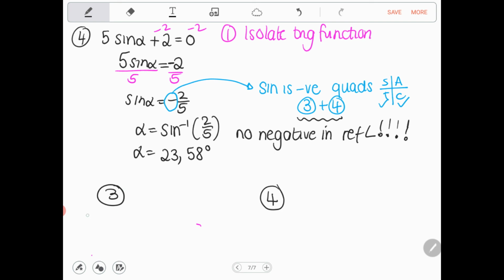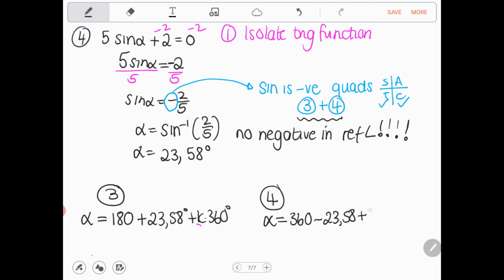What did quadrant 3 say? It said that it is 180 plus the reference angle plus k lots of 360. And what does quadrant 4 say? Alpha is going to be 360 minus the reference angle plus k lots of 360. And again, these are the like terms.